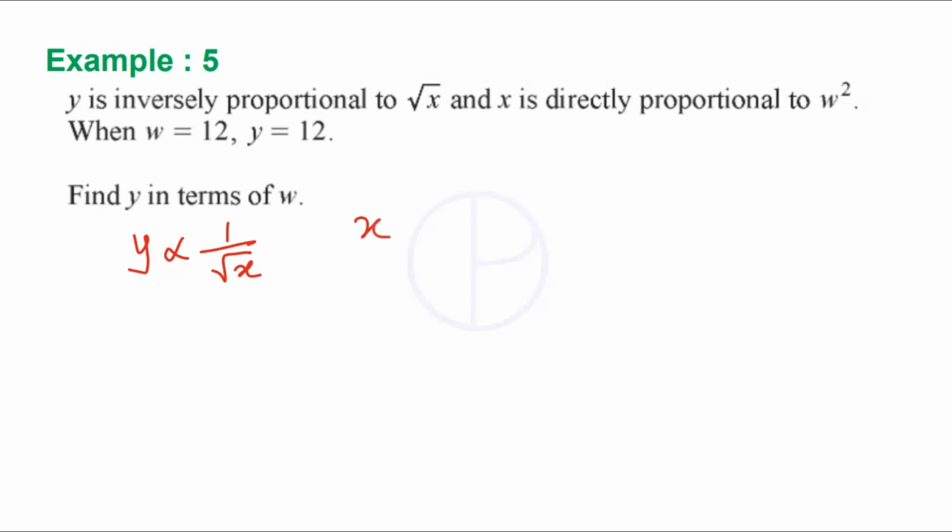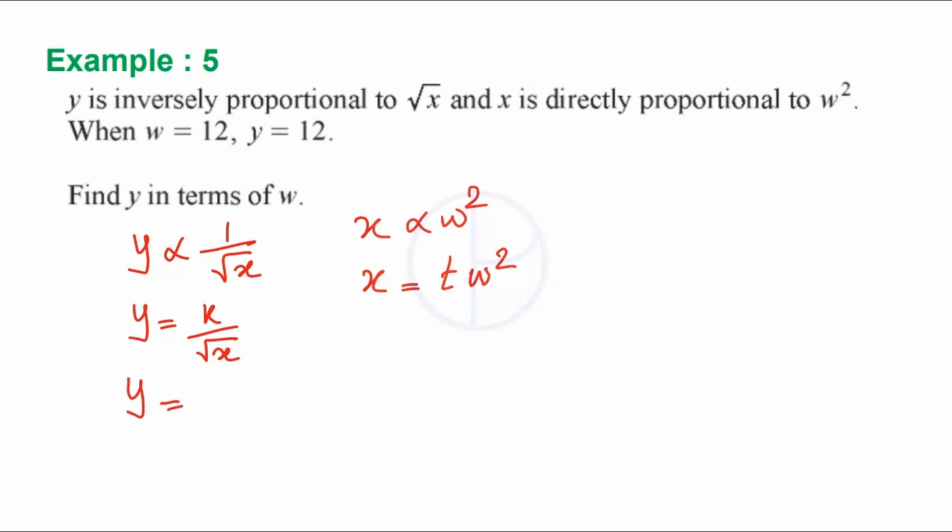And x is directly proportional to w square. So what is y? y is equal to k divided by square root of x. And we can write x equal to, I will use some other variable, t multiplied by w square.